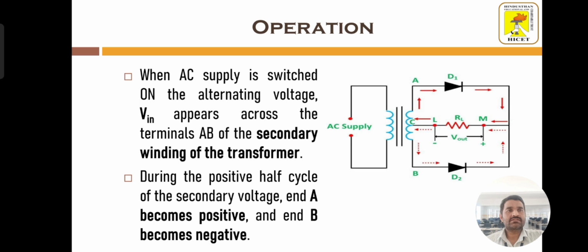When the AC supply is switched on, there will be a secondary voltage across points A and B. During the positive half cycle of the secondary voltage, point A will be positive and point B will be negative.